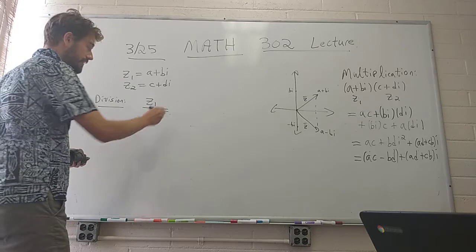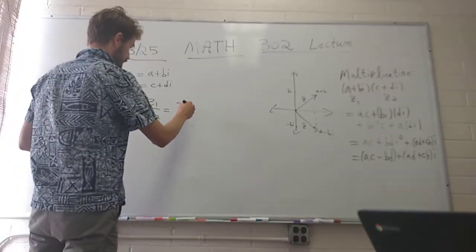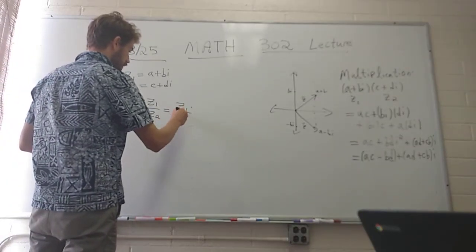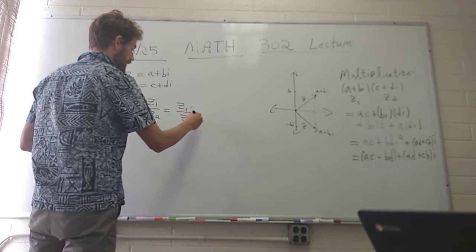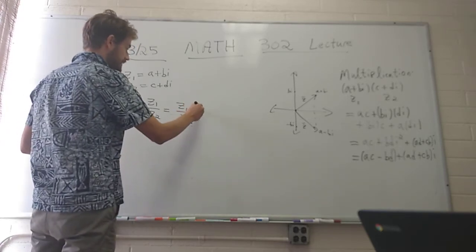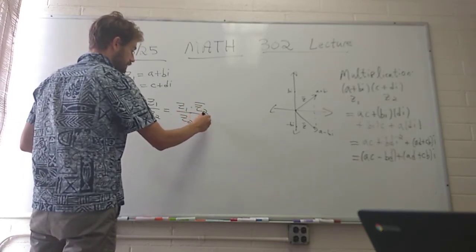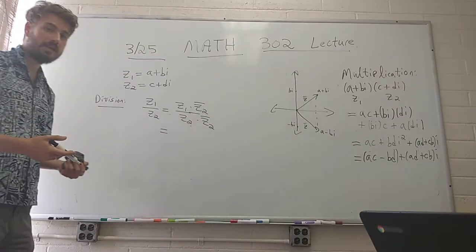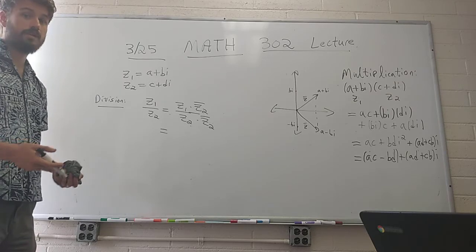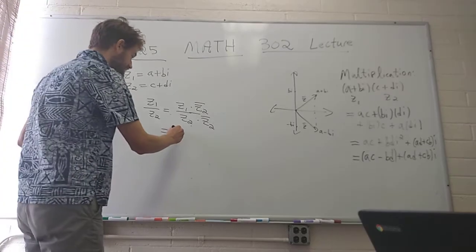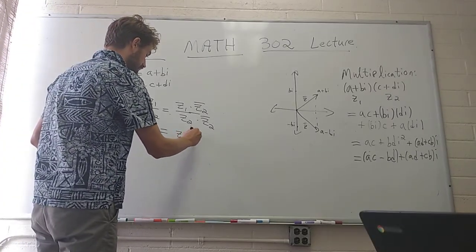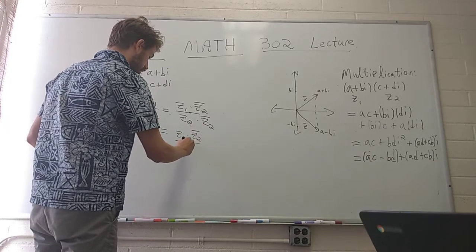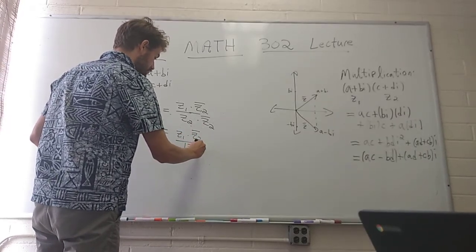For z1 over z2, we can multiply numerator and denominator by the same thing, let's say by z2 bar. Notice the magnitude is always a positive number, in particular a real number. So this is the same as z1 times z2 bar all over the magnitude of z2 squared.